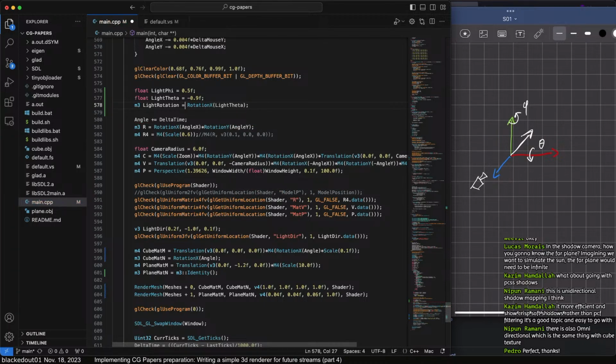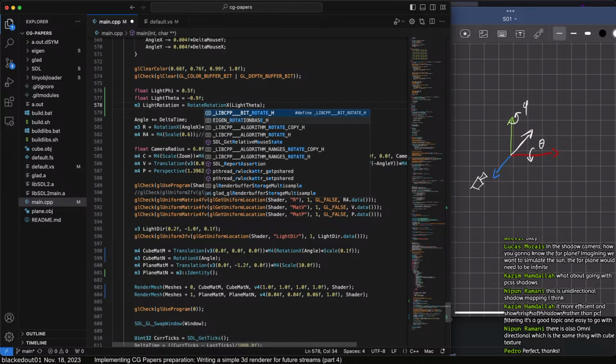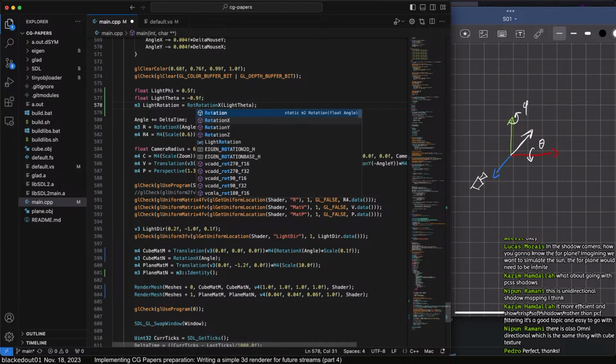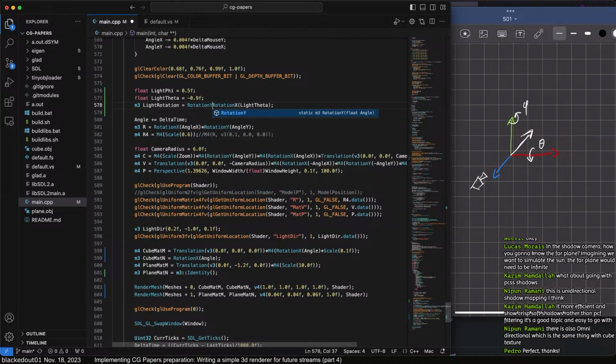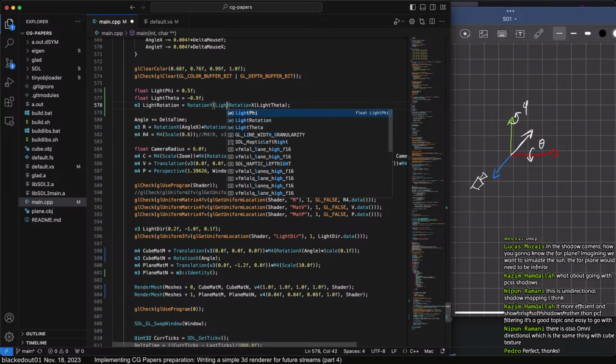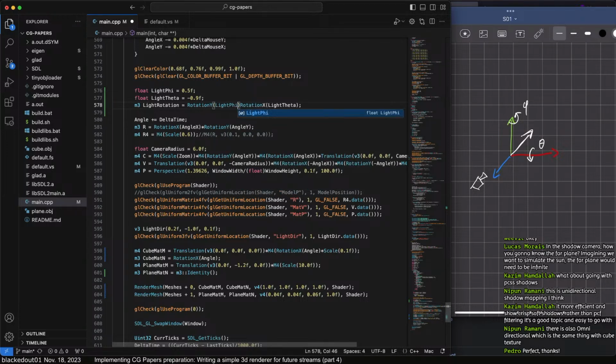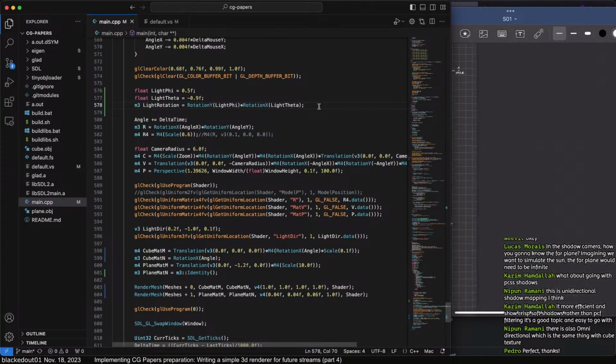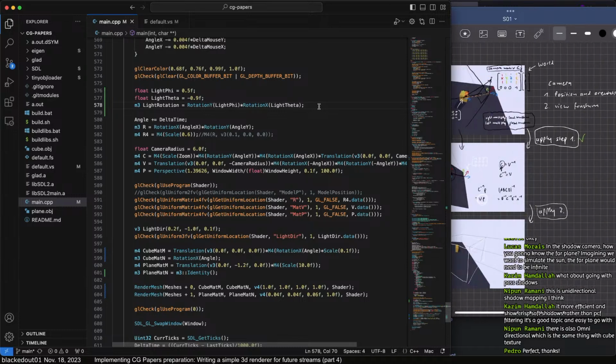And after that, we rotate around y with the light phi. Yeah, so this would basically be the equivalent of the camera matrix, which we had here.